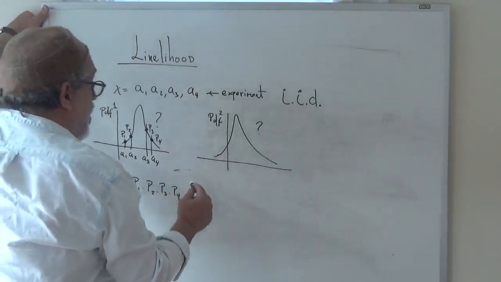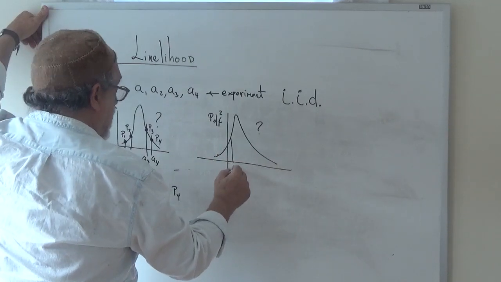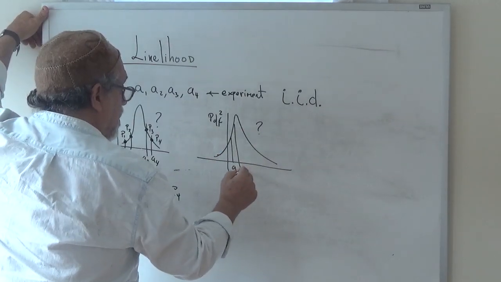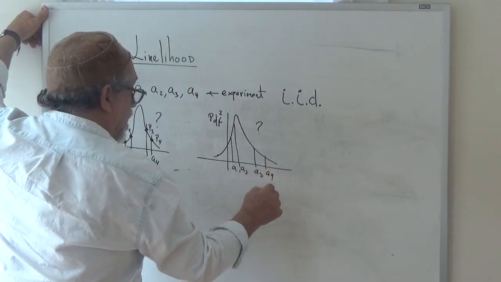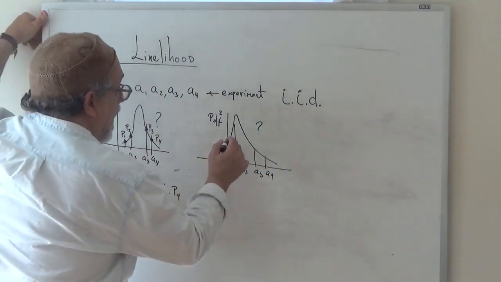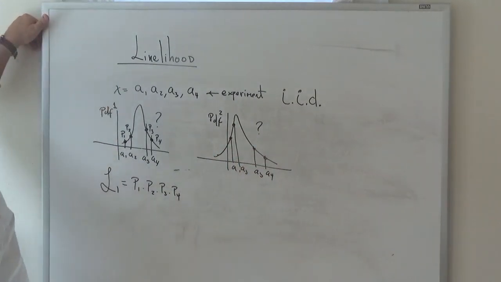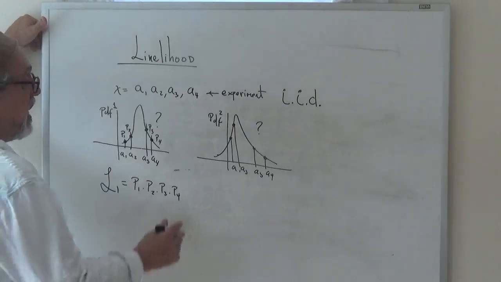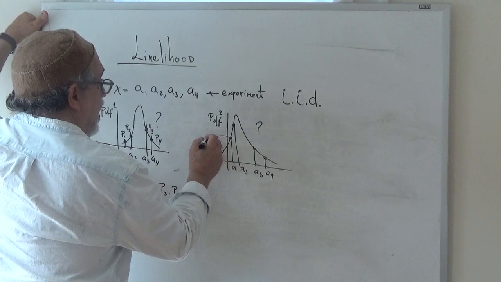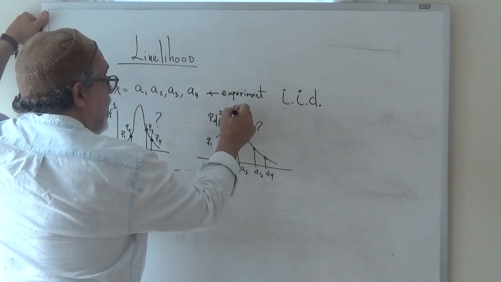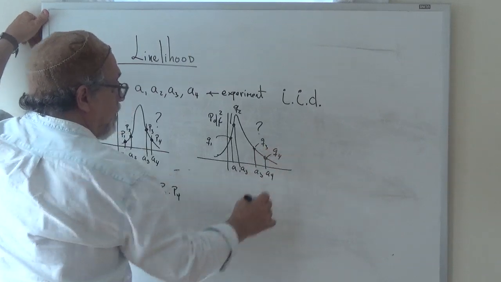Now we come to this other one and we say, well, what about here? Here is A1, here is A2, here is A3, and here is A4. So I put them up there, and we read on this plot what the probability densities are, and let's say that in this case they were, I don't know, Q1, Q2, Q3, and Q4.